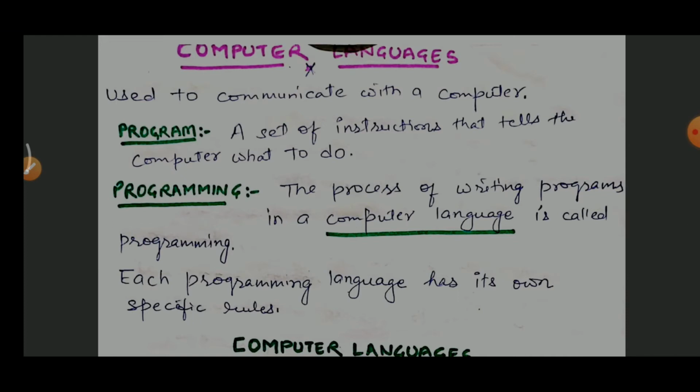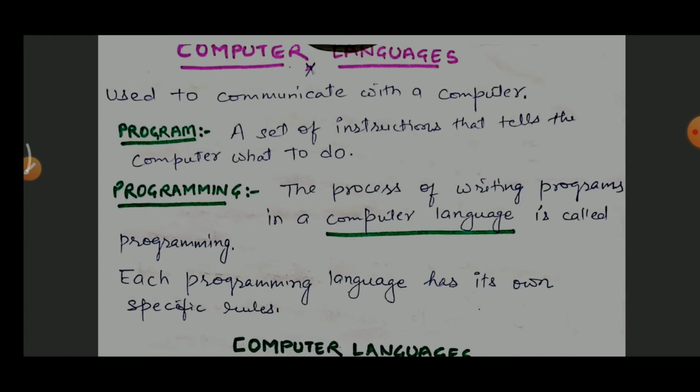So the first question that arises in our mind is, what is language? Generally, language is a medium by which we express our views, ideas and feelings. That means it is the way of communication between human beings. Just like that, to communicate with a computer we need a language that a computer understands.